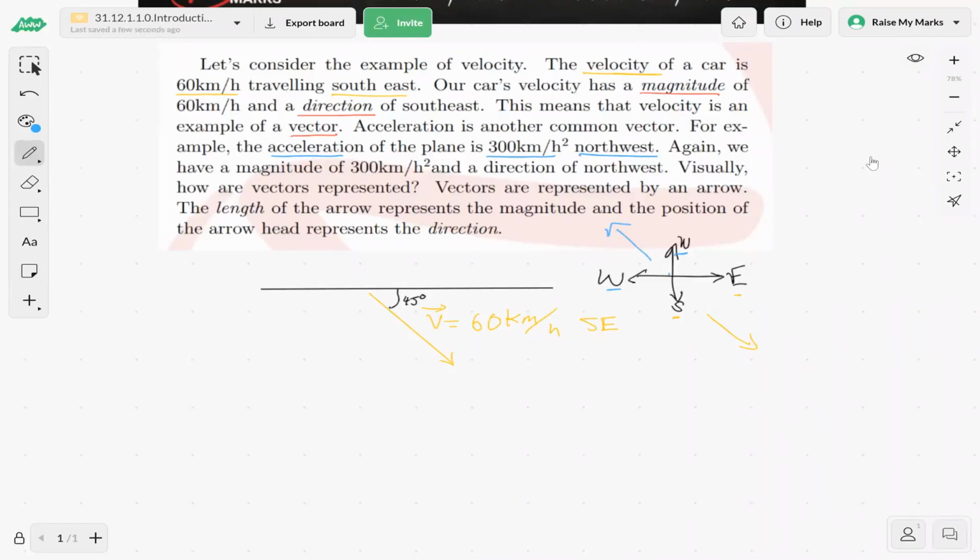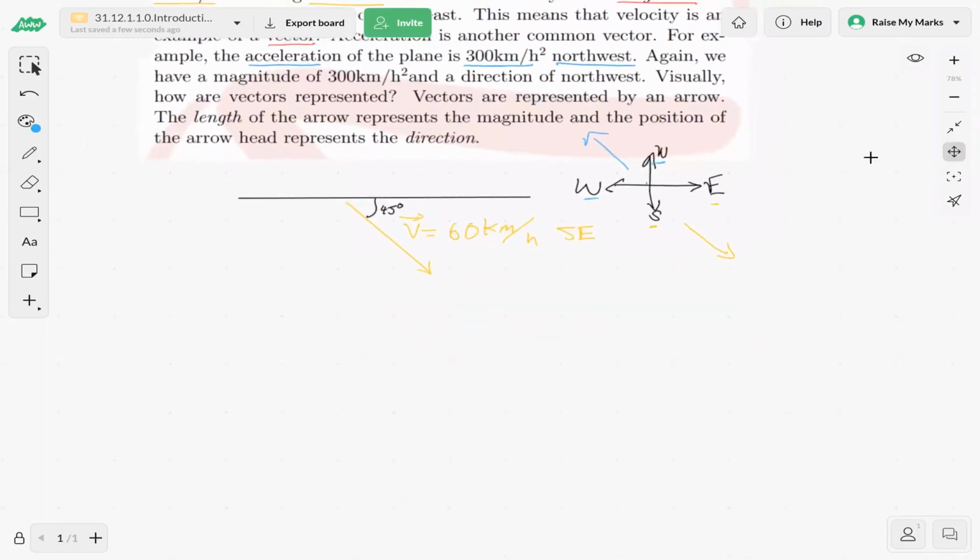Okay, so if we're going to do this to scale, and if this yellow length is 60, well, our 300 is going to be very large. So why don't we just pick another scale? We're going to say that this blue arrow here, which is kind of parallel to the yellow one, has its arrowhead pointing in that direction because we're going northwest.